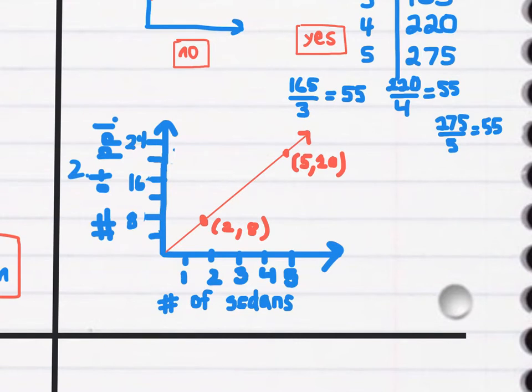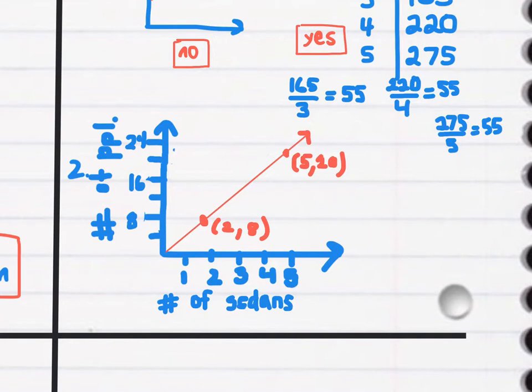Okay, so for this problem, what we're going to do is write an equation to express this relationship, and the relationship is the number of people per sedan, and it is a direct variation because it's a straight line going through the origin. So when it is a straight line going through the origin, all we need to do is first find the constant rate of change.